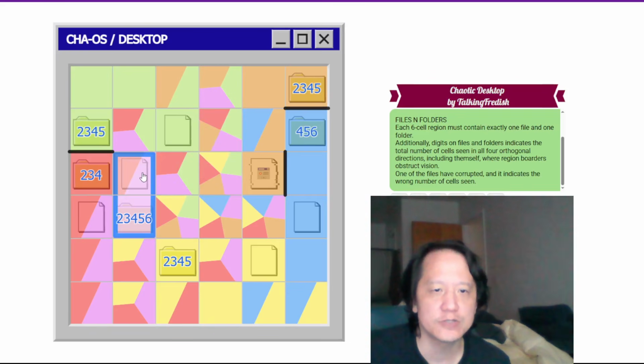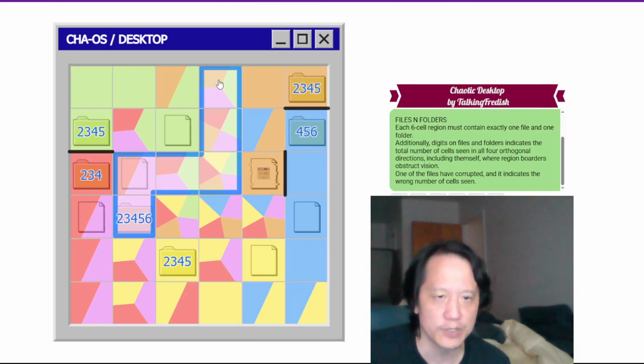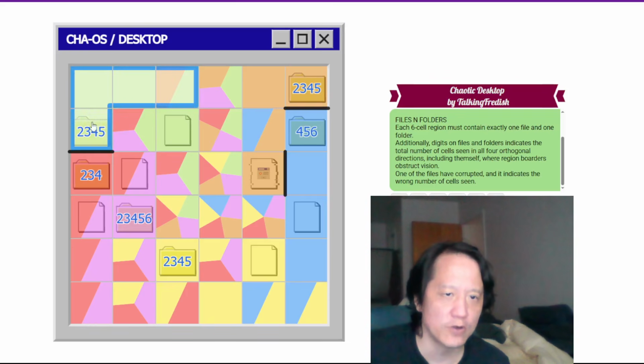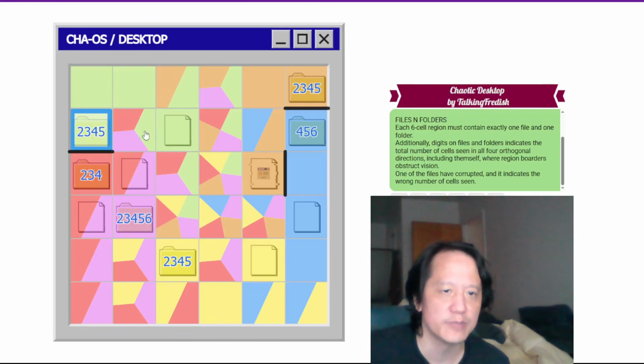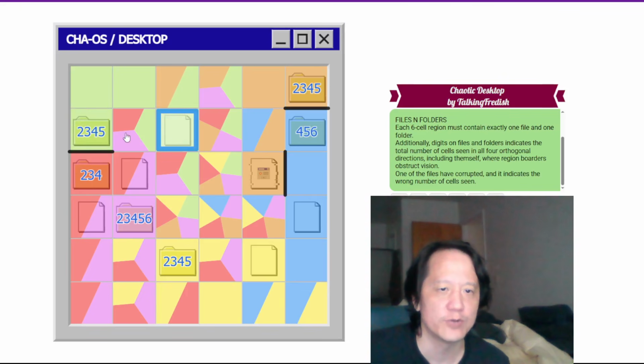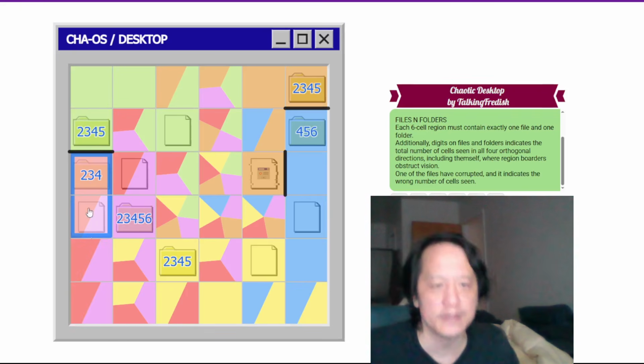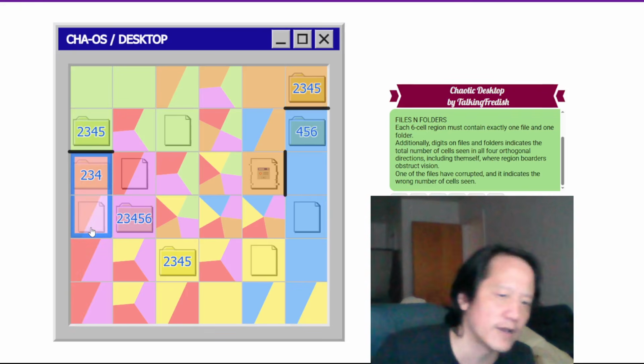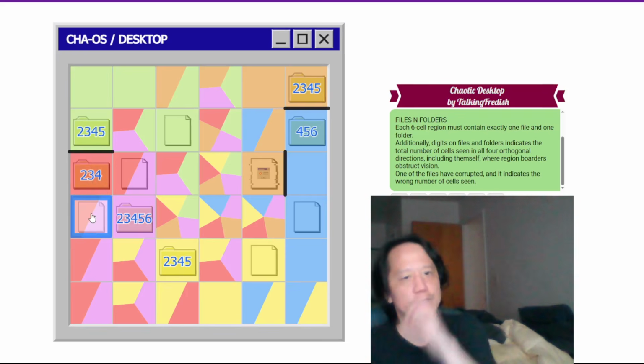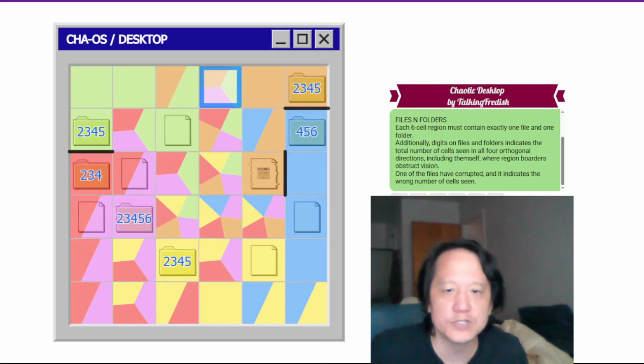If pink tries to go that way, it has to go through here for this file. These would see that all of this would be green, so these would see the same number of cells. So one of them would have to be corrupted, but then red would have to go down, and that would have to have the same number of cells, and they would have a repeat. So this cannot be pink.